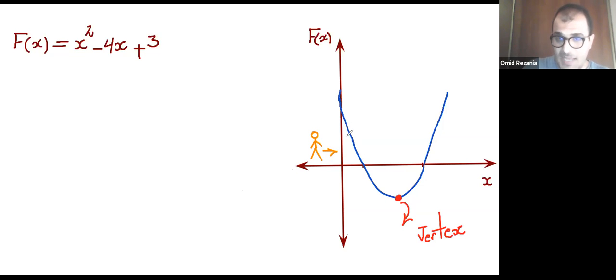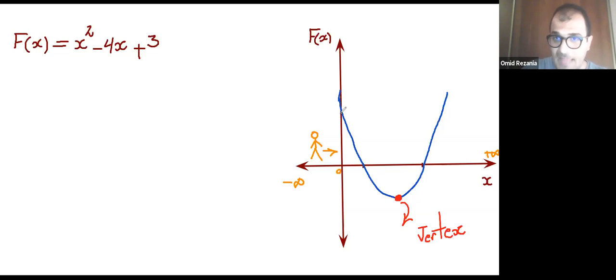At any point that you go, you see that when you are getting closer to the functions along the x-axis, which you go from minus infinity to plus infinity, you see that when you are getting close to this function, the values that you can read as you move along the x is reducing.